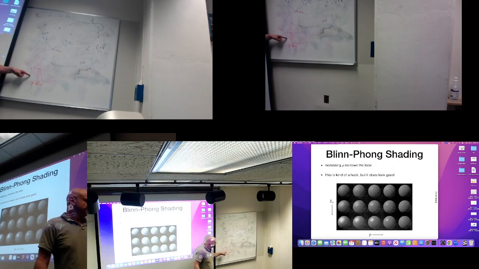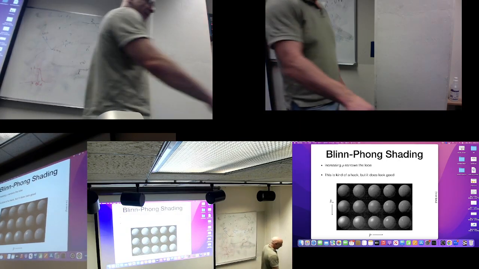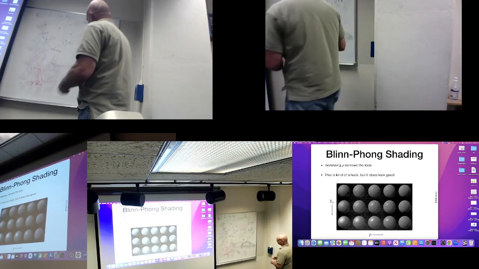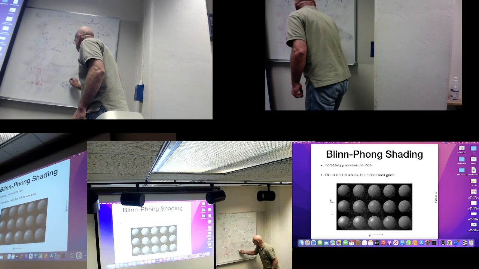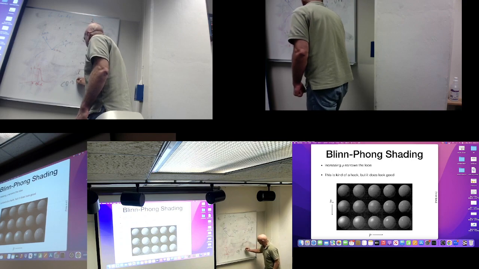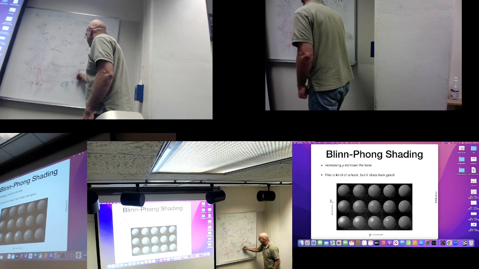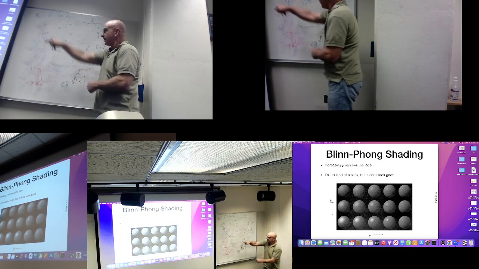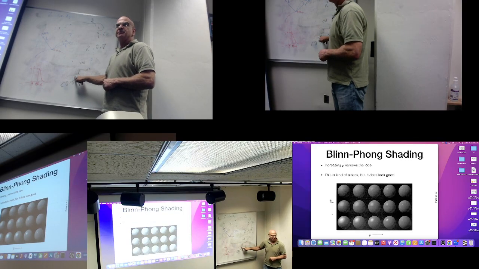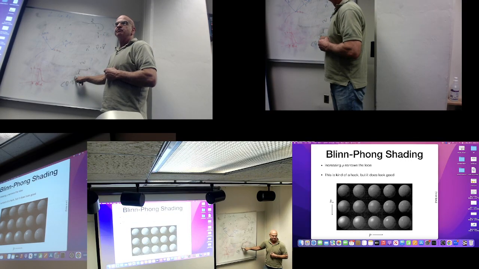Everybody's good? Because you have cosine of alpha to the power of p, in this slide, the Phong exponent. In the previous slide, it was m; this was also the Phong exponent.